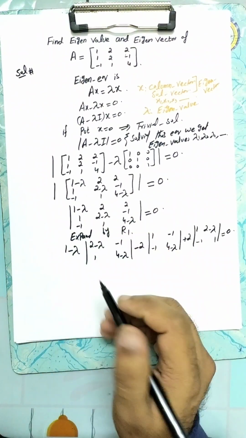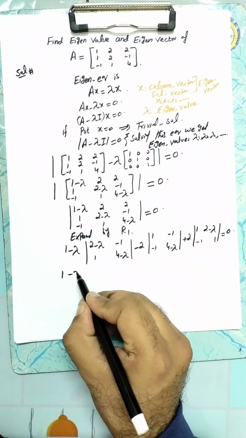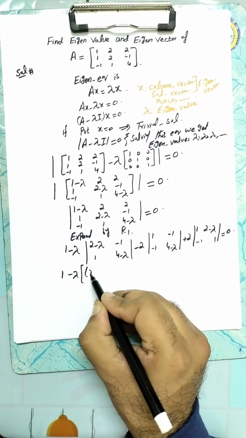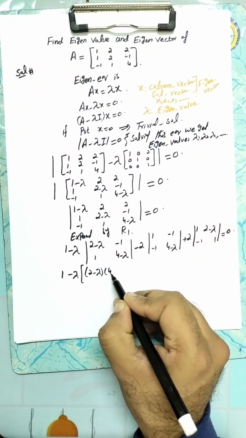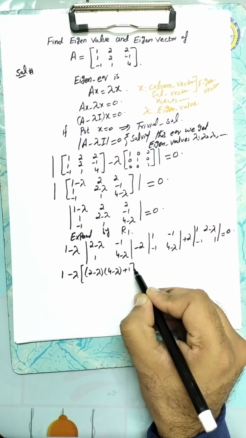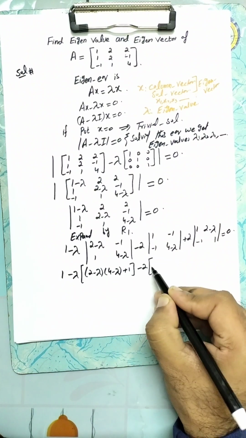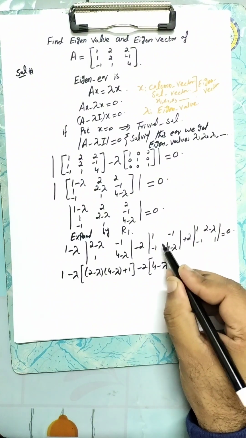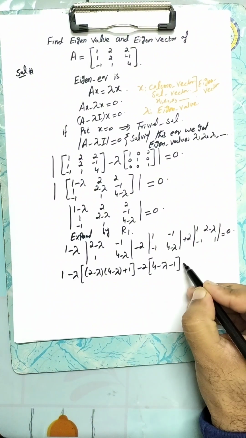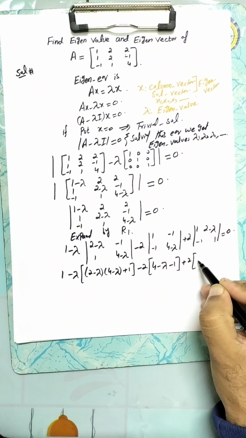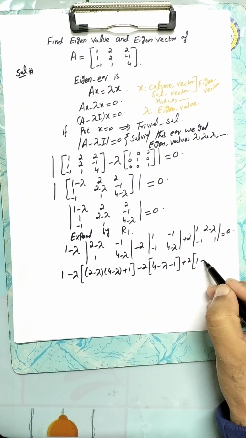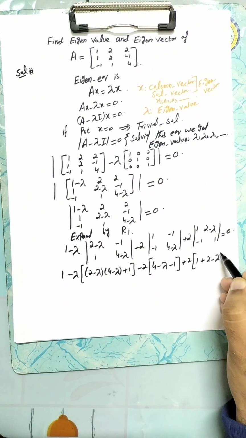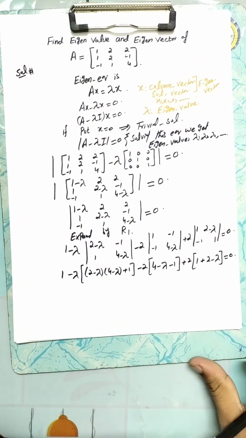Solving this determinant, we get 1 minus lambda times (2 minus lambda)(4 minus lambda) plus 1, minus 2 times (4 minus lambda) minus minus plus again, plus 2 times (1 plus 2 minus lambda). This is equal to 0.